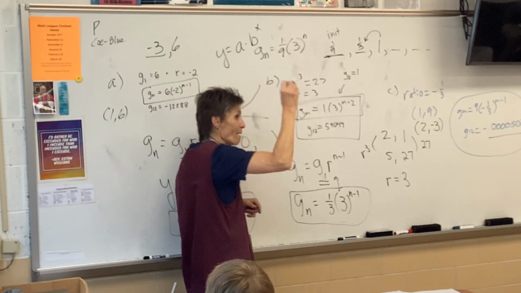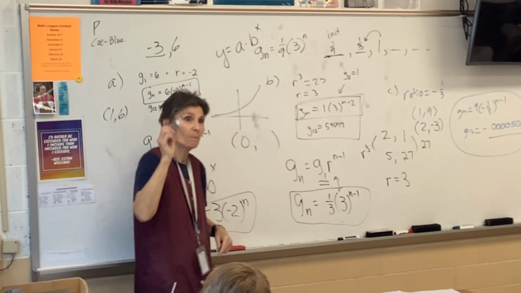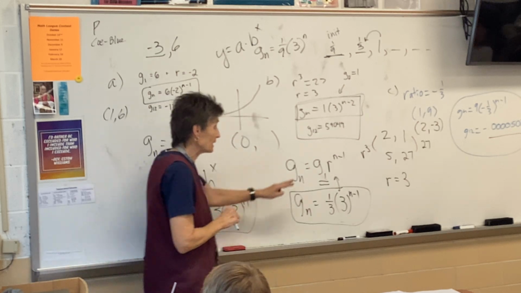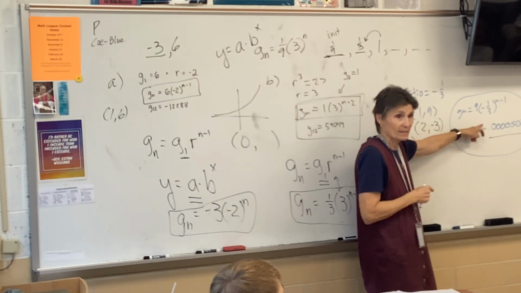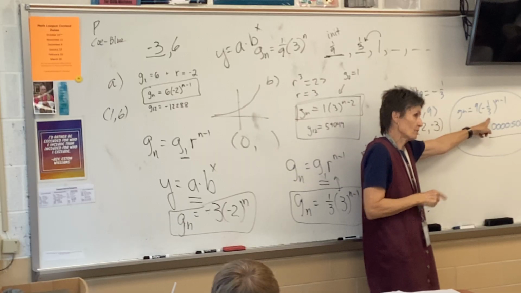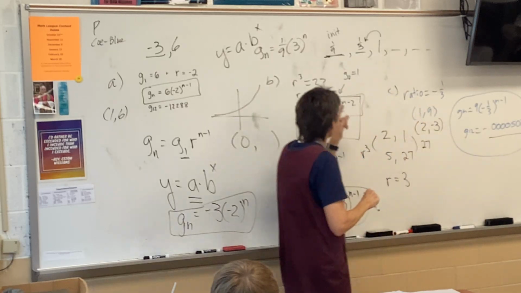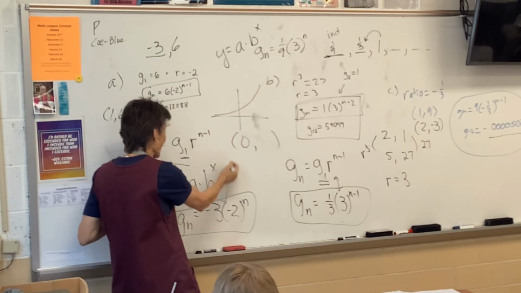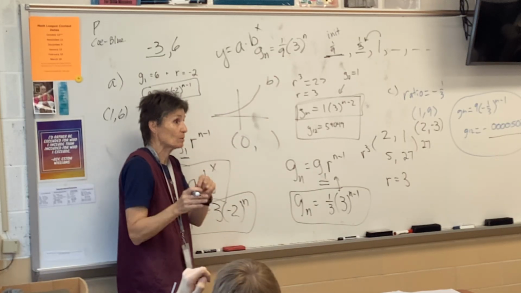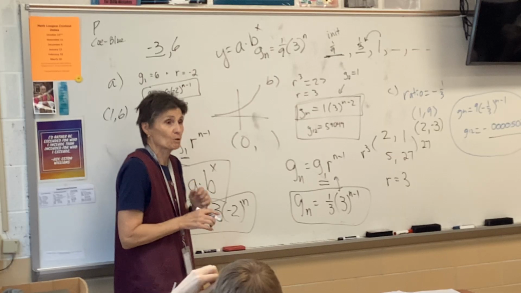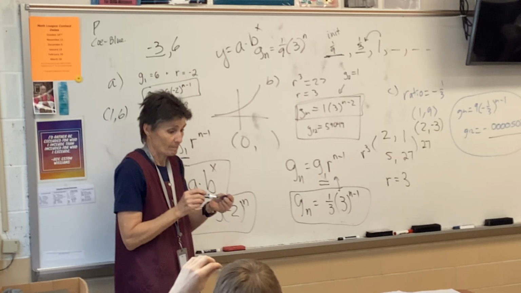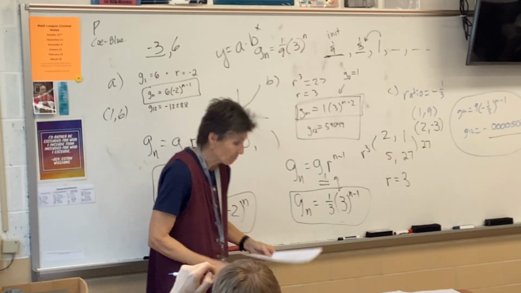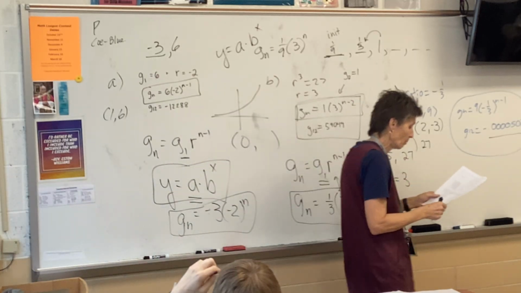You get things bouncing up and down from positive to negative. So in general, when you're dealing with sequences, you can put whatever you want in there. But if you are writing an actual function, f of x equals, then you want to have your b as a positive number. Okay? That's the discrepancy.